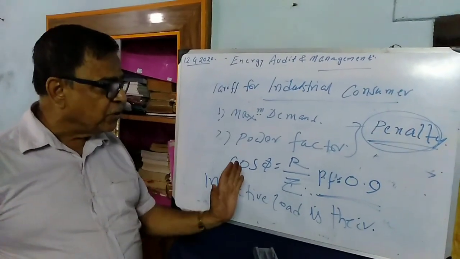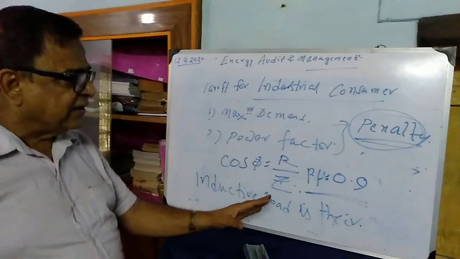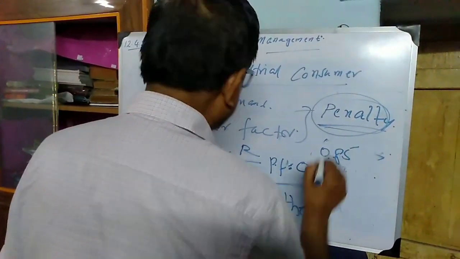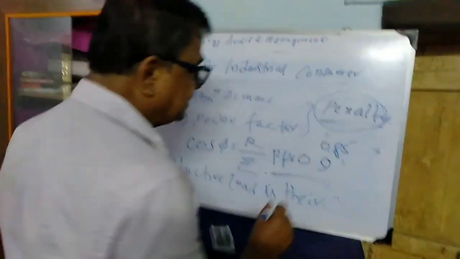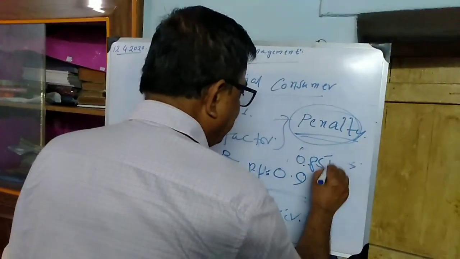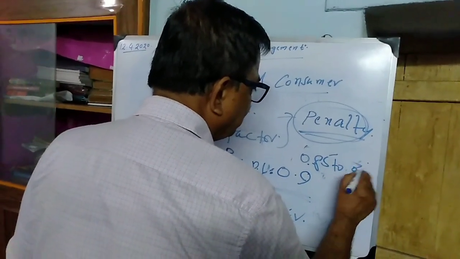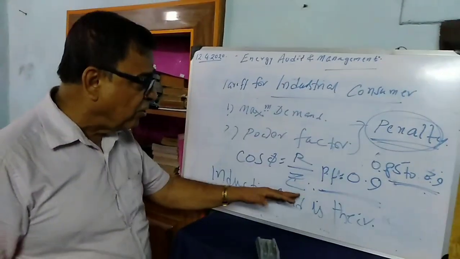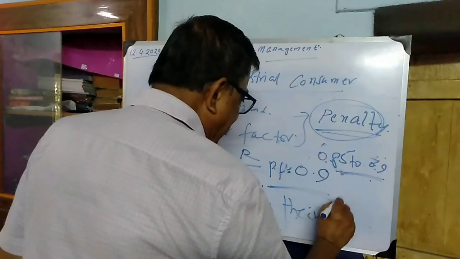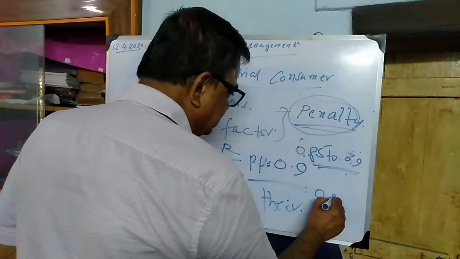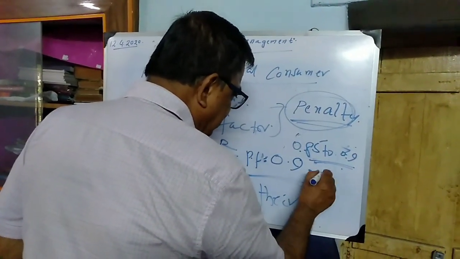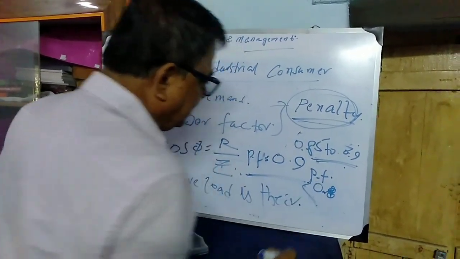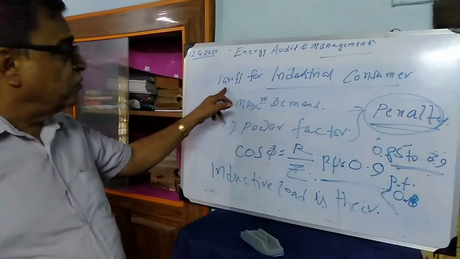Then we have to control this power factor and improve it to 0.85 to 0.9 as per contract with the energy supply corporation. 0.85 to 0.9 is good. Now if we run all inductive loads, that means induction motors or lighting loads, the power factor reduces automatically, and if it is less than 0.9, then the tariff will be increased.